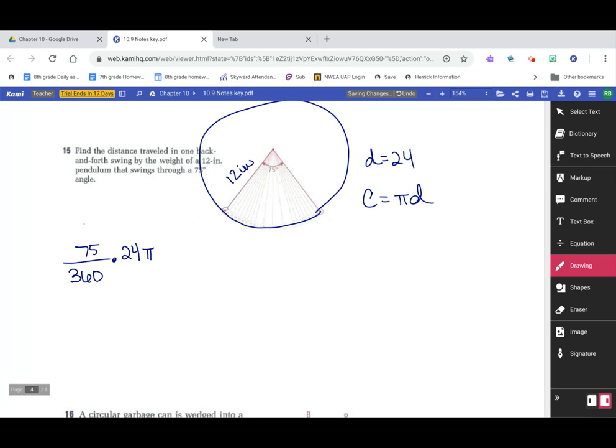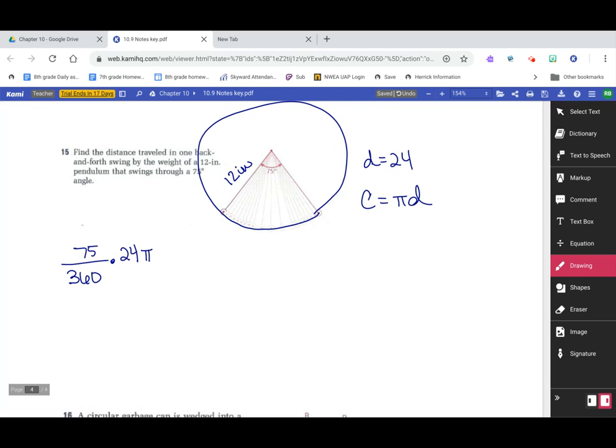When you look at 360 and 24, 24 goes into both of them. So 24 goes into itself once, and it goes into 360 15 times. 75 divided by 15 can be simplified to just 5. So then when we multiply across, we get 5 times pi, 5 pi.